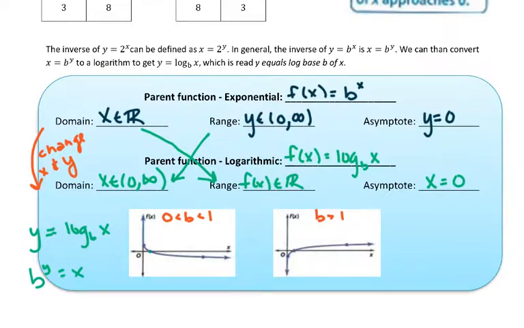This is your y value. So this point right here, if you have b to the power of 0, that equals what? B to the power of 0 is equal to 1. So that's telling you that when y is 0, x is 1. So that point right there is (1, 0).